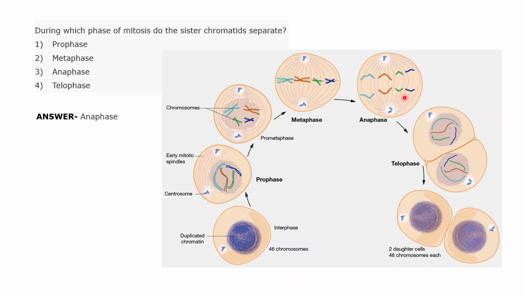In both cases you can see that they move towards the opposite poles. And afterwards, when anaphase takes place, if it is in case of animal cells, you can see that there is a contractile ring formation there because of the activation of Rho GTP.